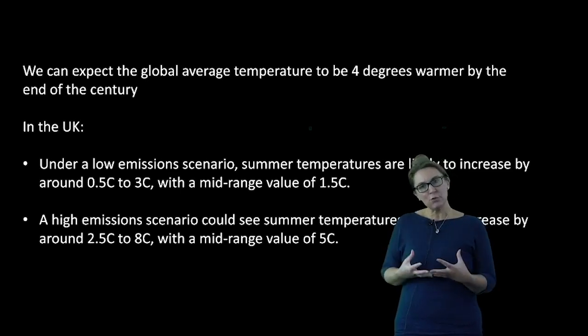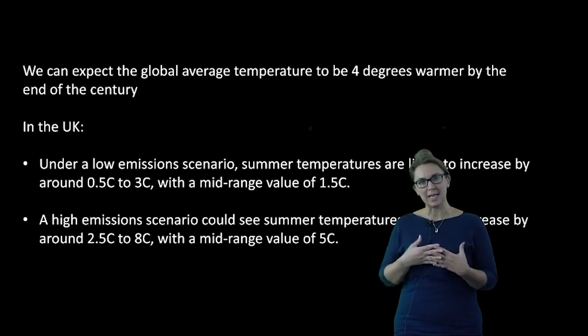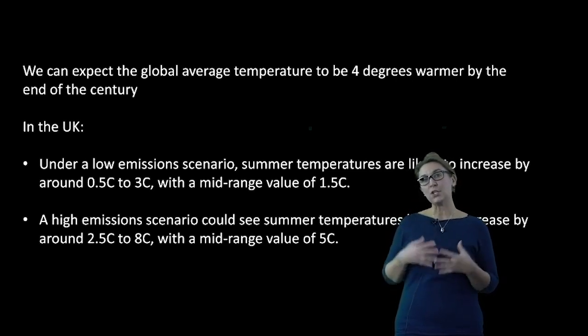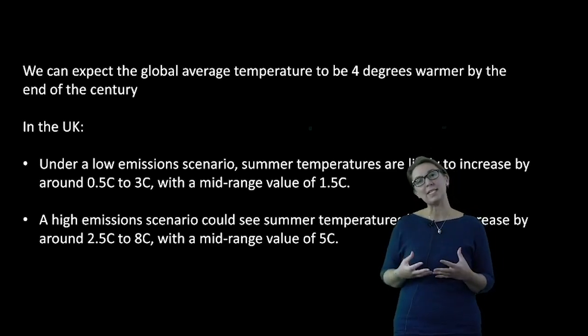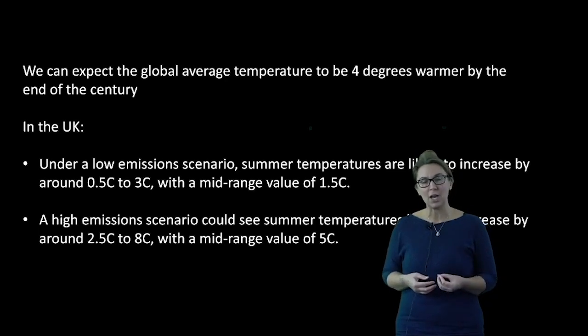If we manage to reduce emissions so that we make significant reductions in how much greenhouse gas enters the atmosphere, summer temperatures could only increase between 0.5 to 3 degrees C, with an average of about 1.5 degrees. But if we do not manage to do that, those temperature rises could be much, much higher.